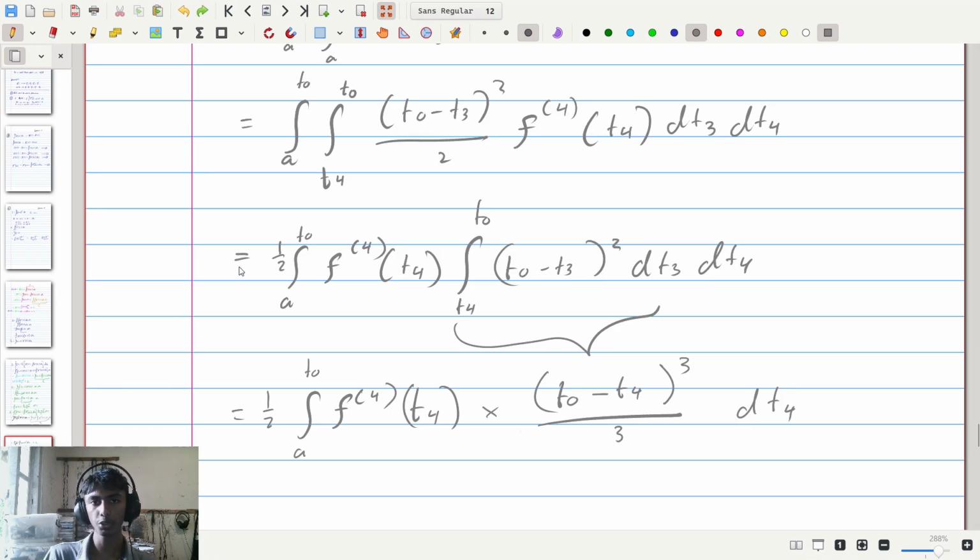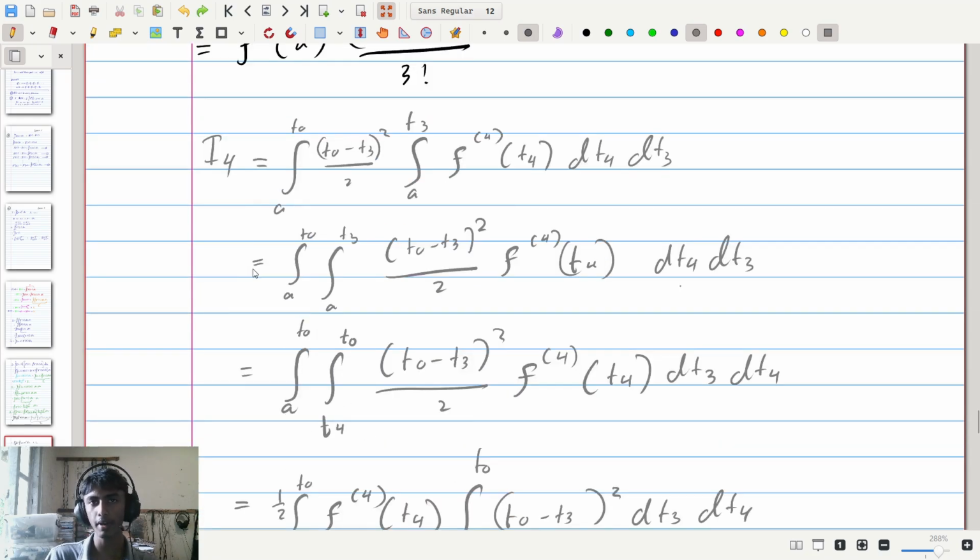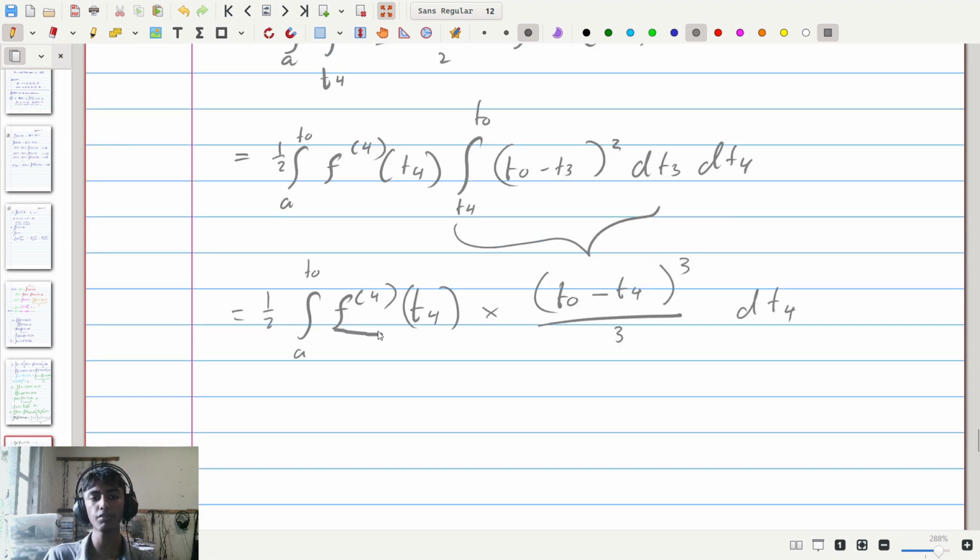So now what we're going to do, once again, as we know the pattern by now, is take this f4 and substitute instead of it our expression containing the constant part, f4 of a, and our next part, which is an integral.